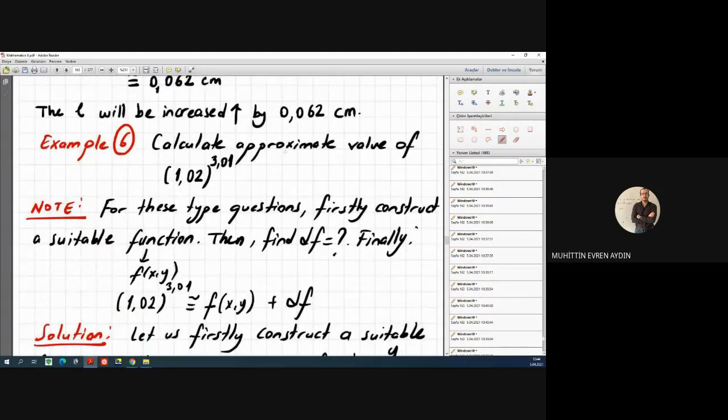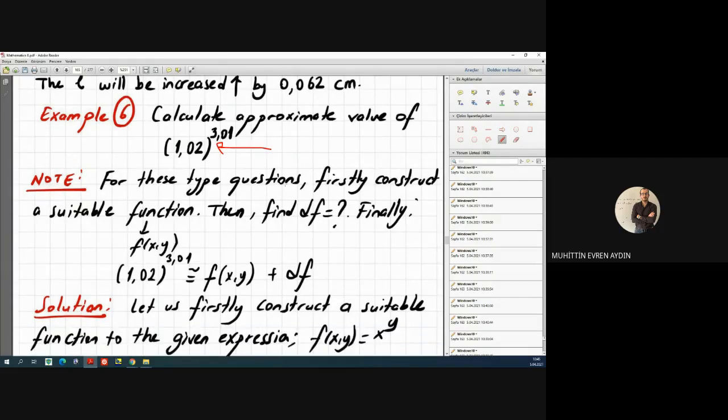Okay, another example is calculating approximate value of this number. So if the question was 1 over 3, we have nothing to solve. We have 1, and here is the power, here is the base.